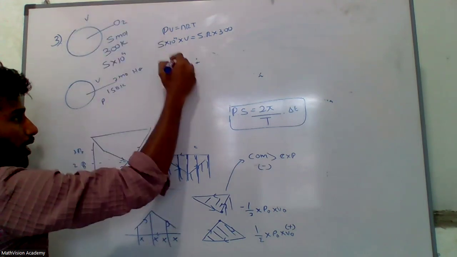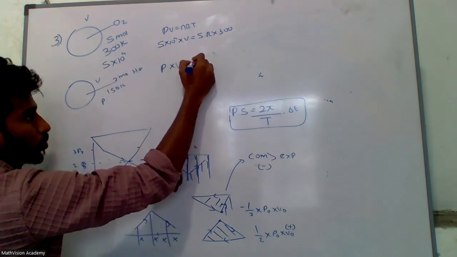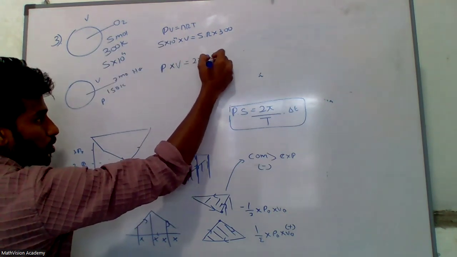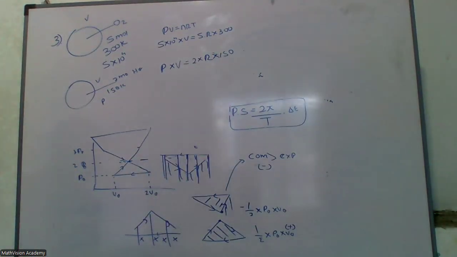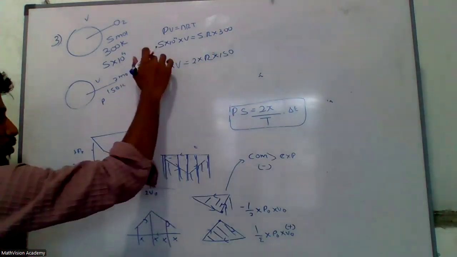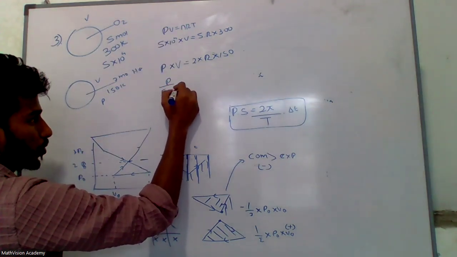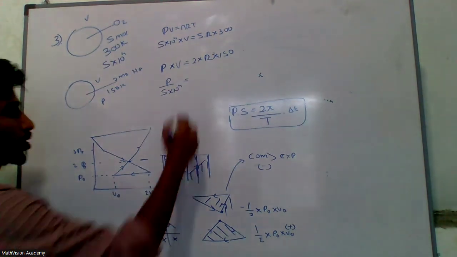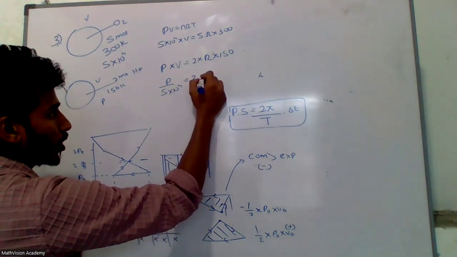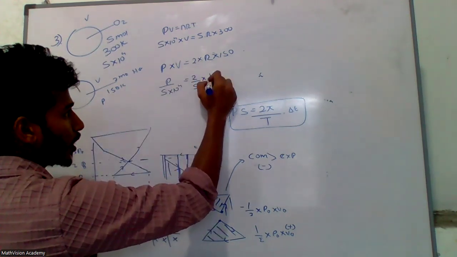Volume is the same again. Number of moles is 2. Universal gas constant into 150. Okay. So you can divide both the equations. So P over 5 into 10 to the power 4 is equal to 2 over 5 into 150 over 300.